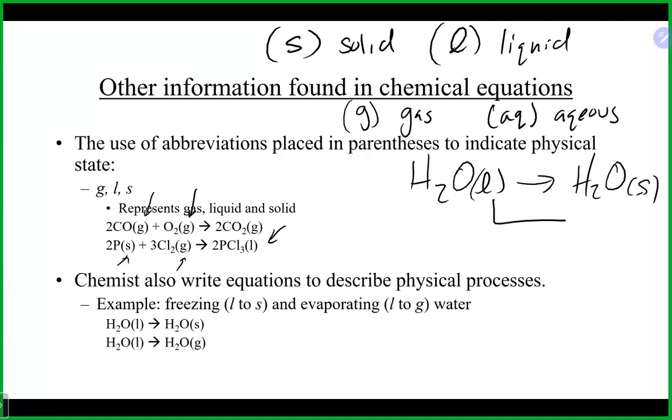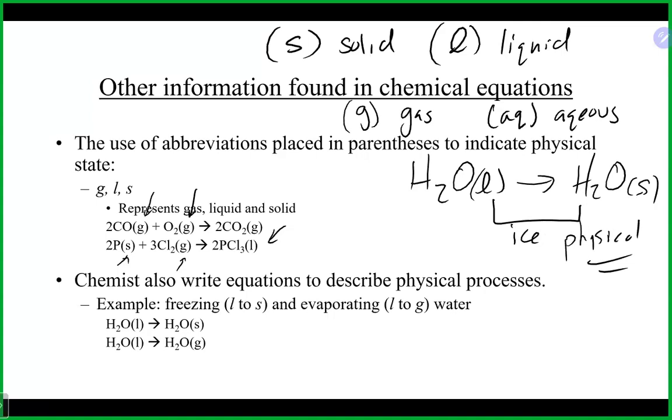That is basically the making of ice. And that is a physical change that is occurring. And we do sometimes use chemical equations to represent physical processes. As you can see here, in this case, we have the same substance on both sides. The difference here is actually in the state. On the left-hand side is liquid water, right-hand side is ice.